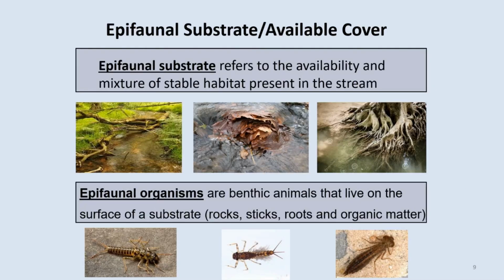So the first question on the data sheet is asking about epifaunal substrate or available cover. It refers to the stable habitat that's present in the stream where macroinvertebrates can live, such as rocks, sticks, roots, and organic matter.